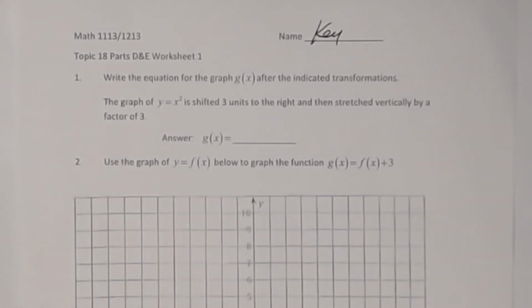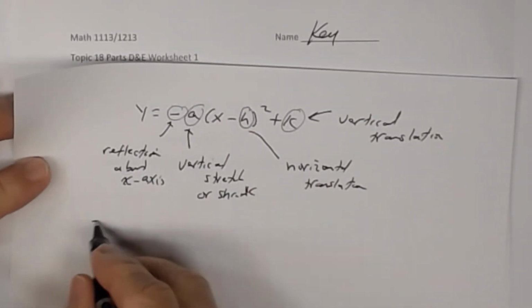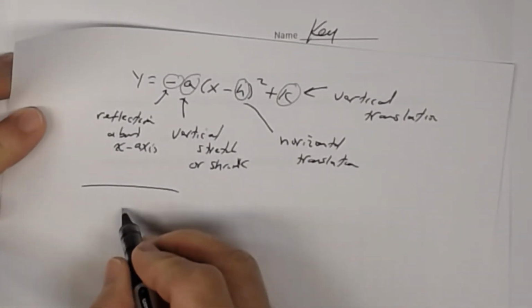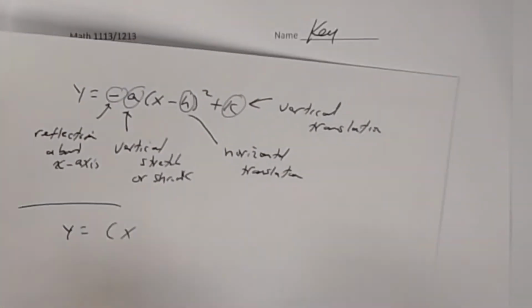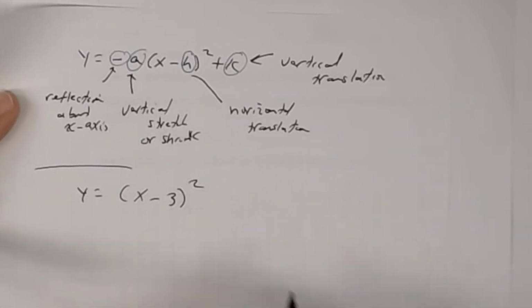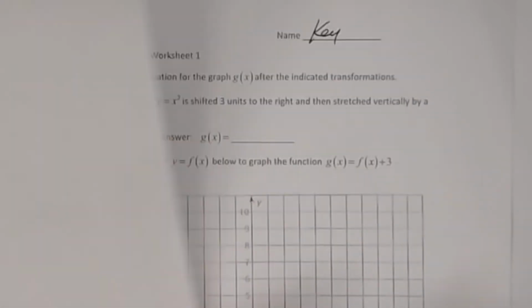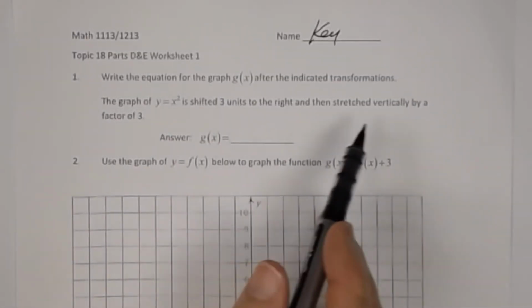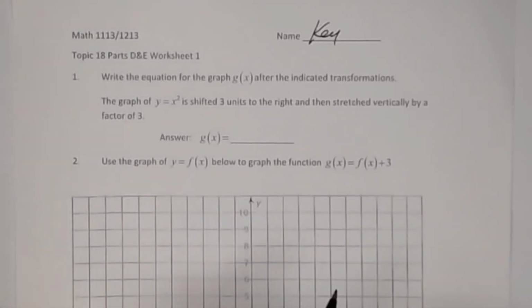Let me go ahead and do that here. That first part would look like this: y equals x shifted to the right, so to the right will be x minus 3 squared. Then you're going to stretch vertically by a factor of 3.